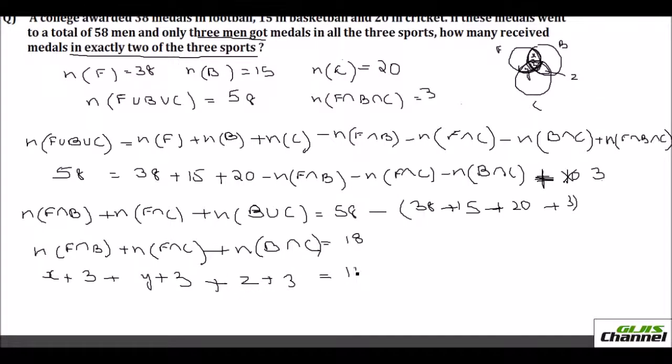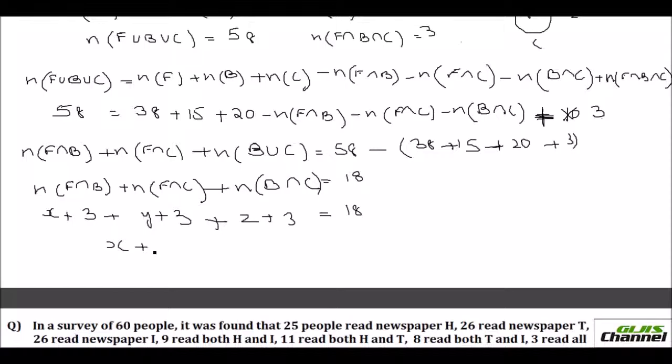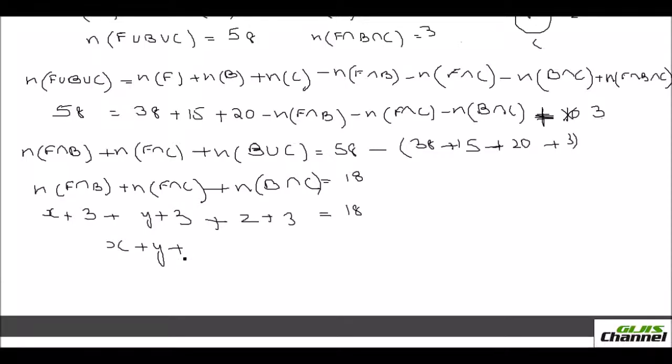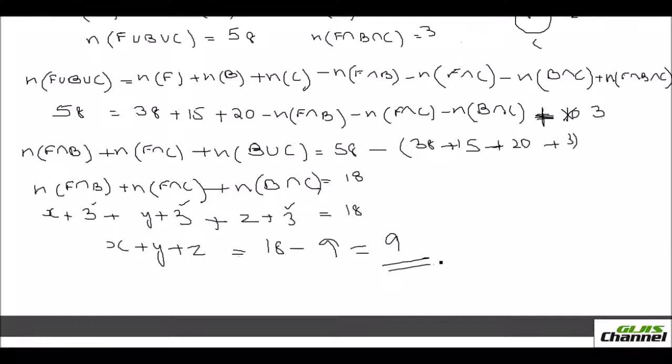Together they equal 18. Therefore, those who are involved in just 2 sports is 18 minus these 3 counted three times, which is 9, right? Take away 9, that is equal to 9 is your answer. Okay, so those who received a medal in exactly 2 of the 3 sports is 9.